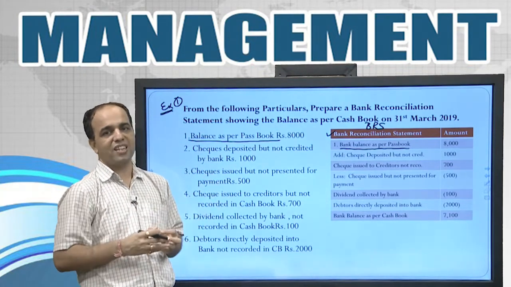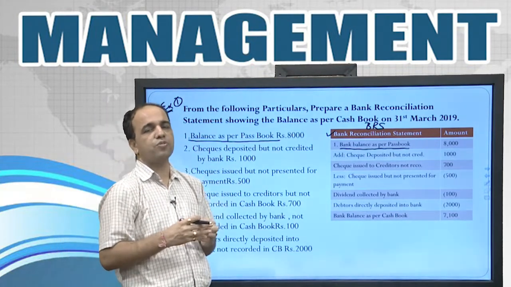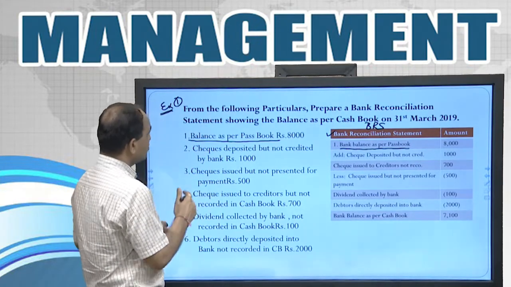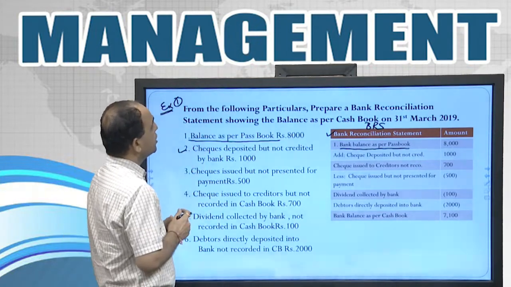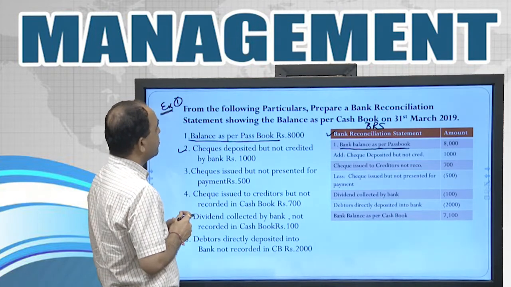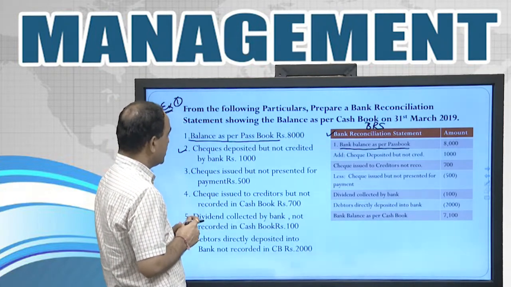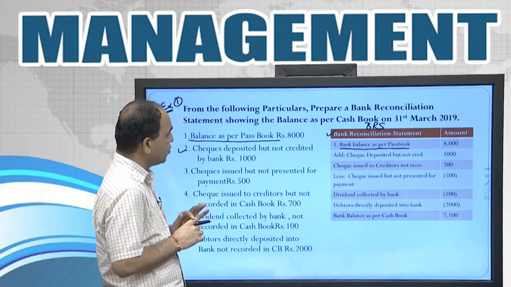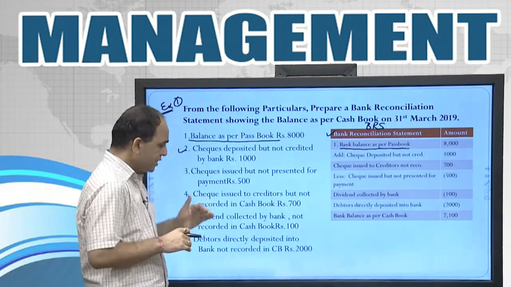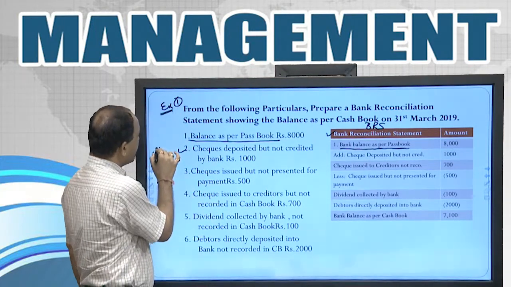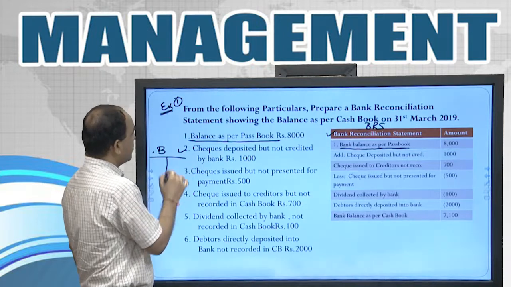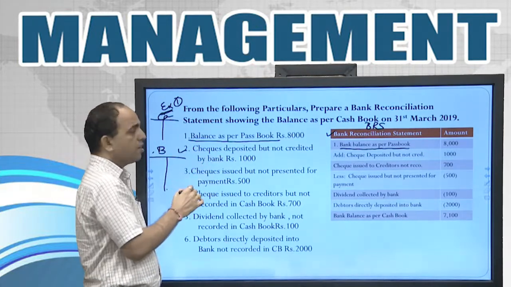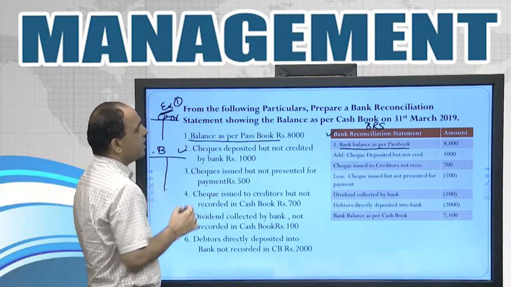Let us understand the given transactions and the effect of such transactions on the bank reconciliation statement. Check deposited but not credited by bank rupees 1,000. So, friends, if you started with the bank column in a cash book, when we deposited, we immediately debited the amount.